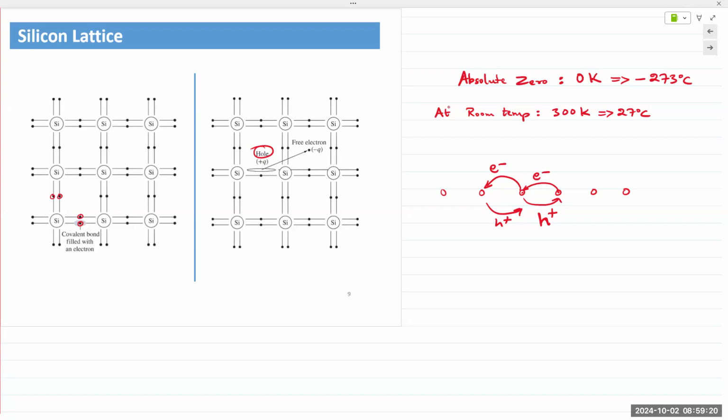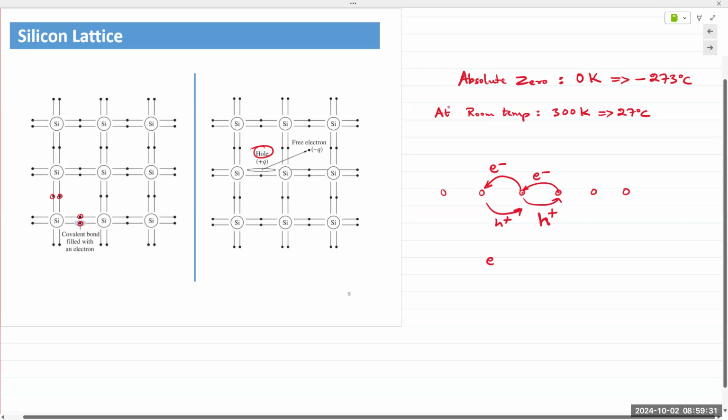For diodes and transistors, we'll say electrons are flowing this way, and right after that there'll be a statement saying holes are flowing in the opposite direction.